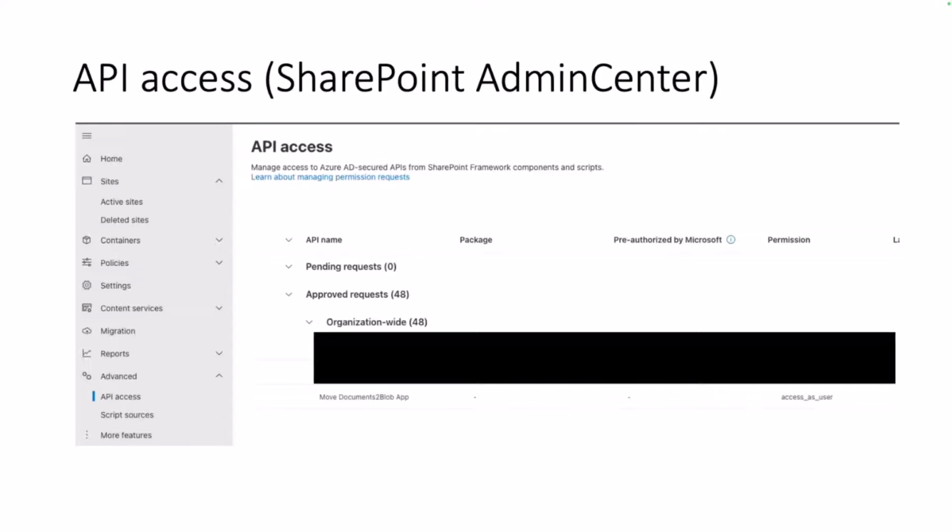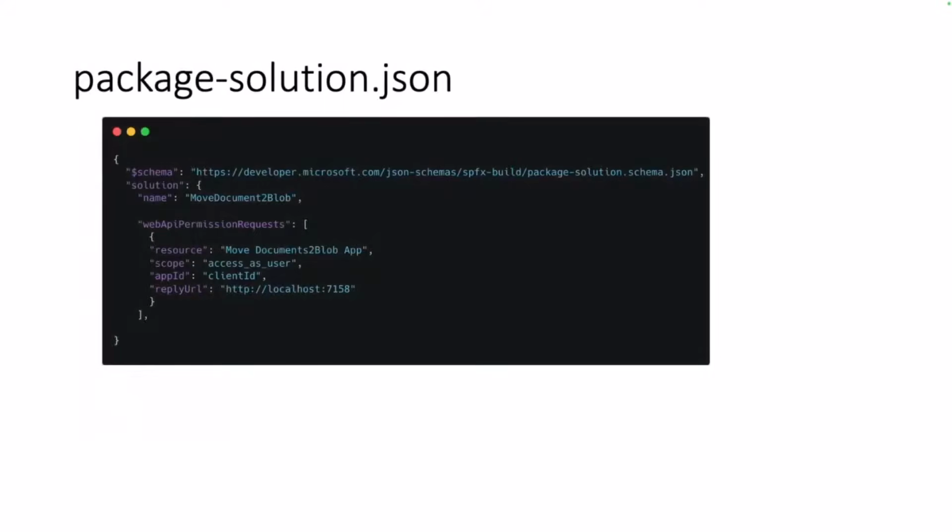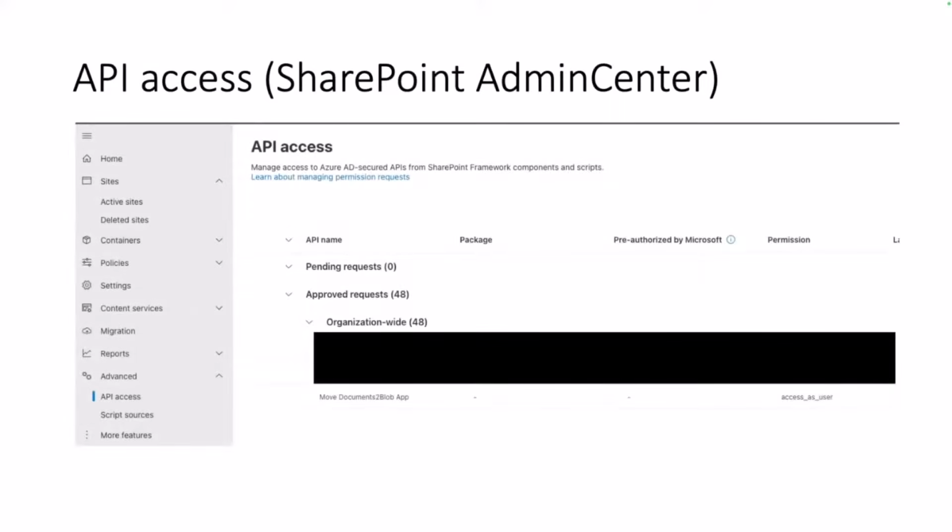In the sample, you find a PowerShell script that creates it. And as soon as we have installed the application, you get API access in the SharePoint Admin Center. API access means what we have written in our package JSON is listed here, and we have to approve it.